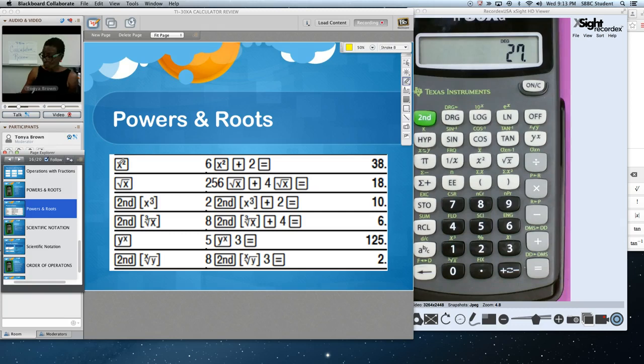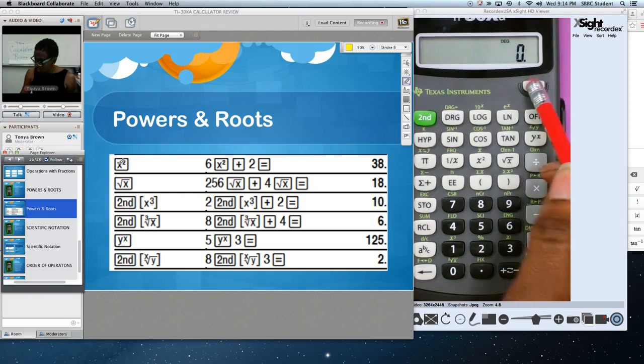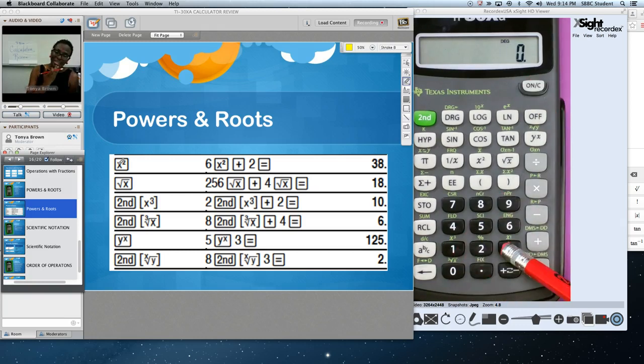All right. So again, let's clear it out. We can press 3, YX key 3, and see what that gives us, which would be 27 if it raised into the third power. Or we can simply do 3, hit the second key, and then hit the 1 key, which is accessing the cube key, and that will also give us 27.